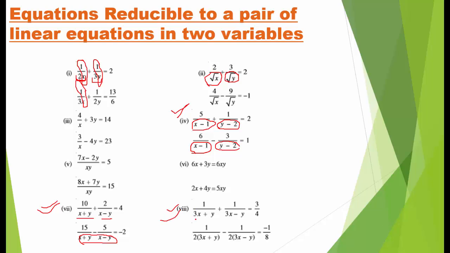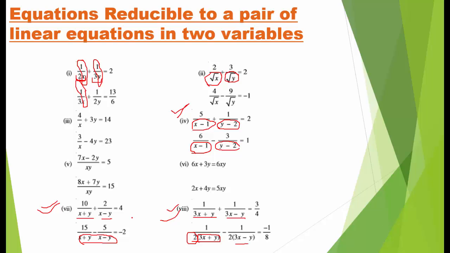In the denominator this is 3x plus y, but in the second equation it is 6x plus 2y. After taking 2 common, which is a numeric value, we find 3x plus y. So 3x plus y is common in both equations, so we assume 3x plus y as a variable a, and 3x minus y equal to b, and similarly in the second equation.